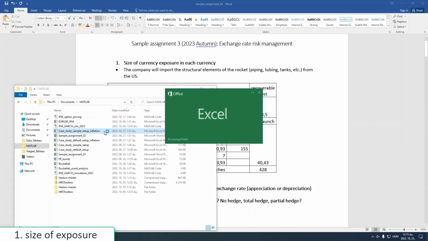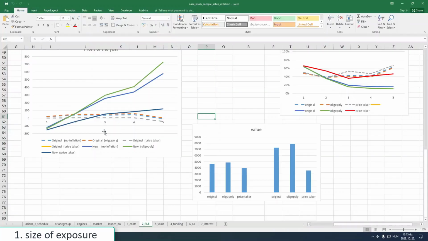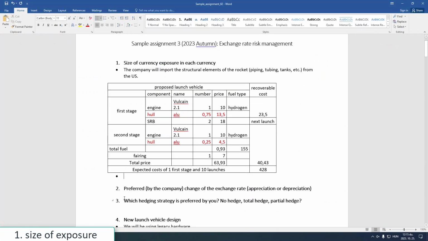Sample setup. Let's still use the inflation data because this is what we have here, but let's fix.